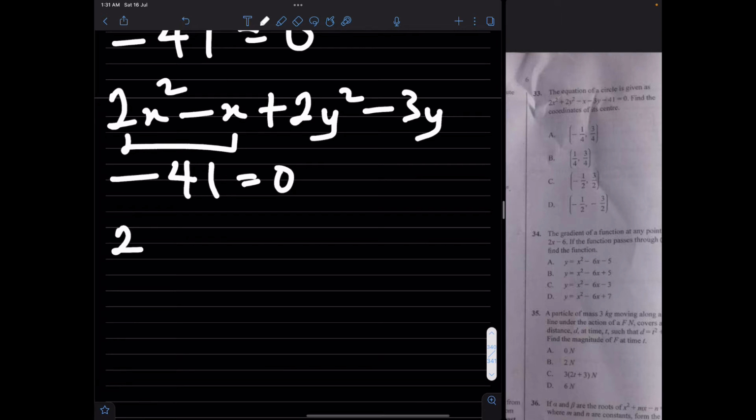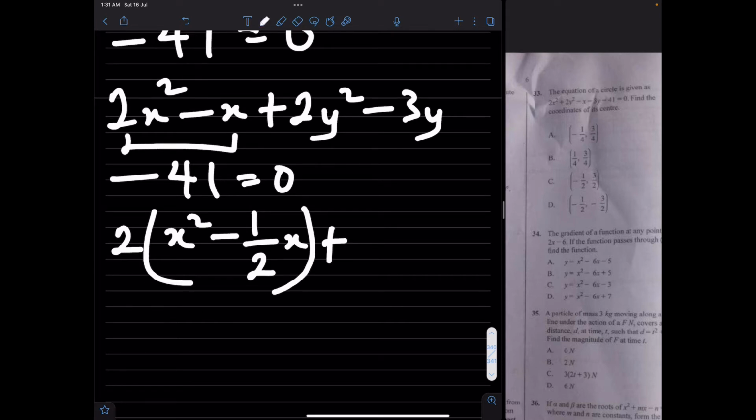This simply means 2 into brackets x squared minus 1 over 2 x first, plus 2 into brackets y squared minus 3 over 2 y, minus 41 equals 0.